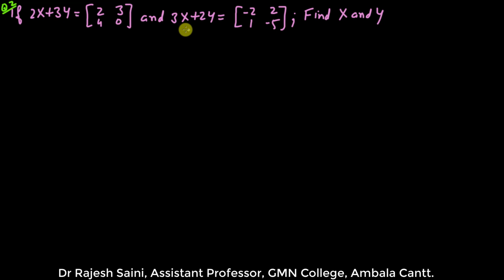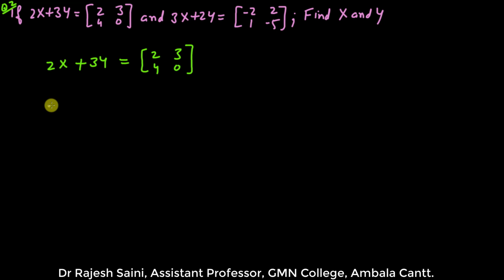This is given, and we have to find capital X and capital Y. So let us see what X and Y are. For that we write it one below the other. Say this is 2X plus 3Y equal to the matrix 2, 3, 4, 0.